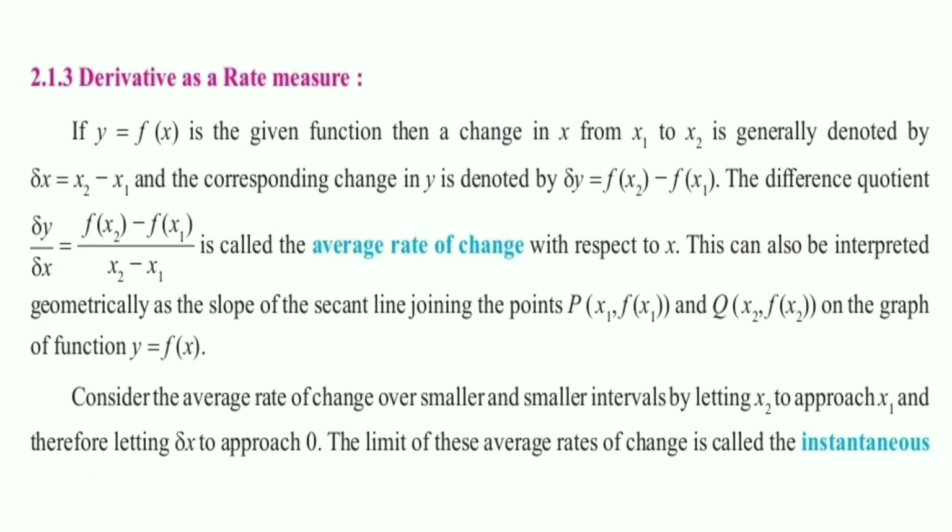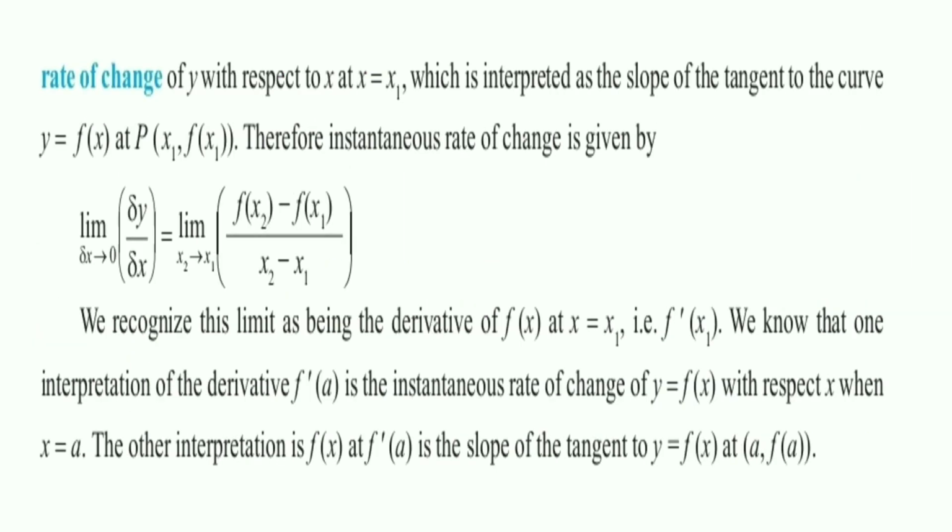The limit of these average rates of change is called the instantaneous rate of change of y with respect to x at x equals x1, which is interpreted as the slope of the tangent to the curve y equal to f of x at point P(x1, f of x1).